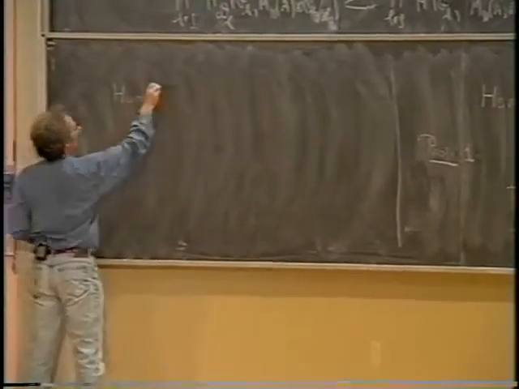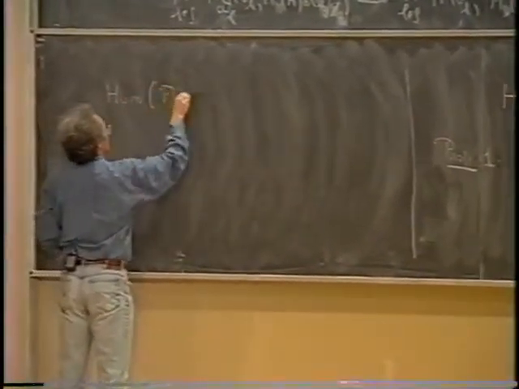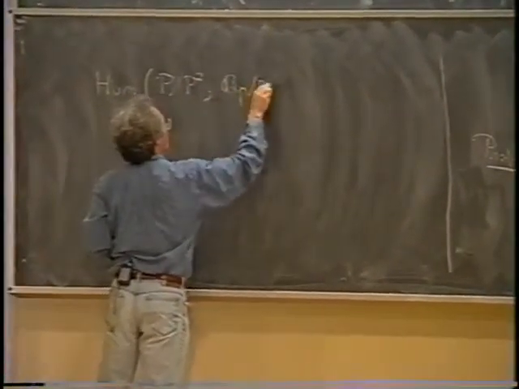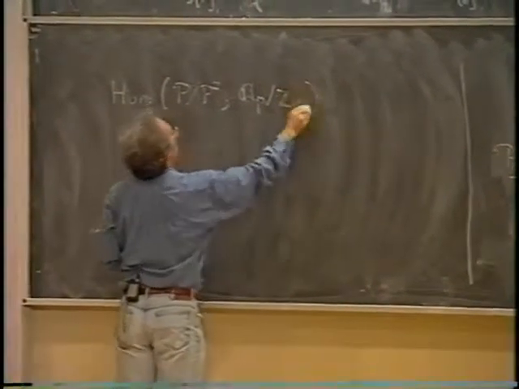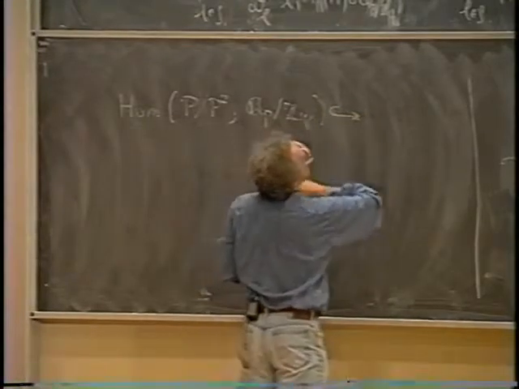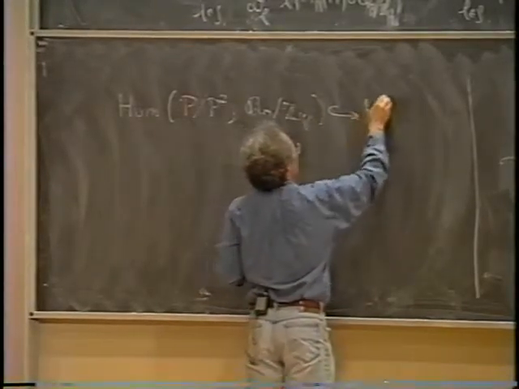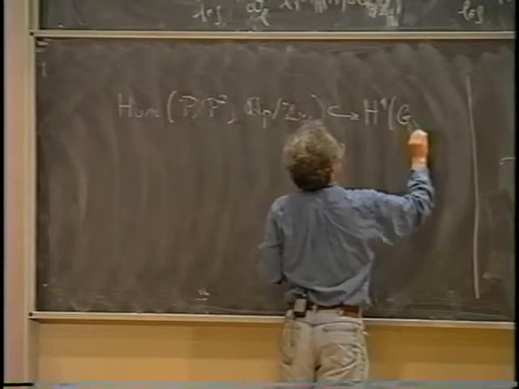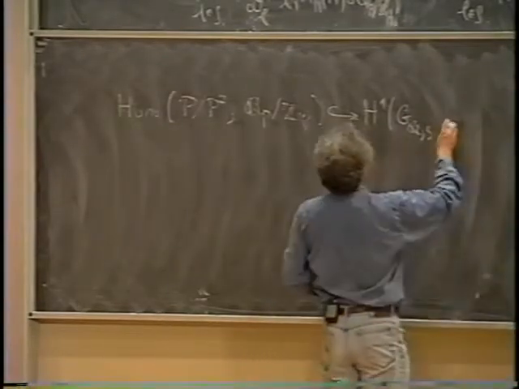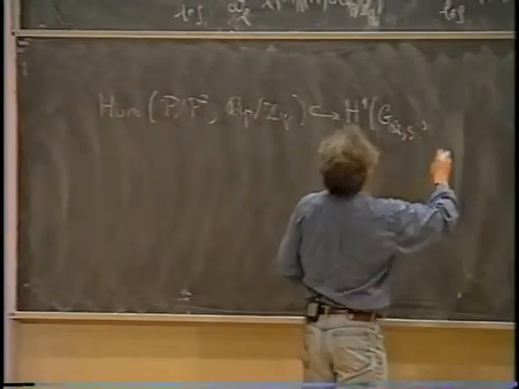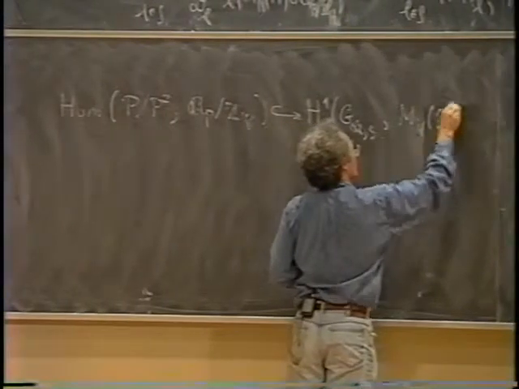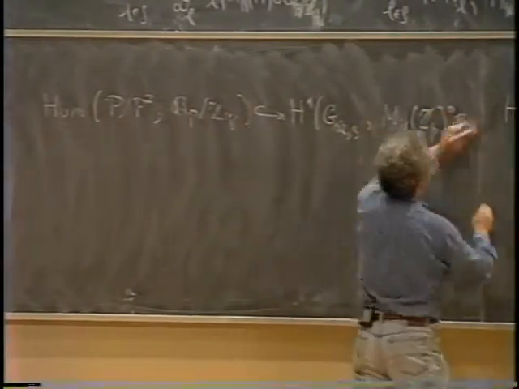Hom over Z_p of P mod P squared into Q_p/Z_p. That's contained in the cohomology of G_{Q,S} with coefficients in M_n of Z_p^0 tensor Q_p/Z_p.